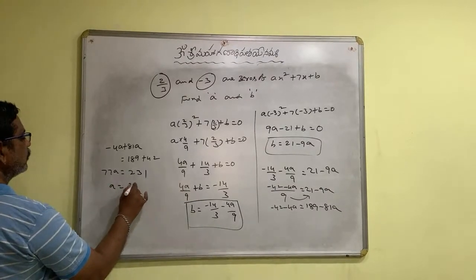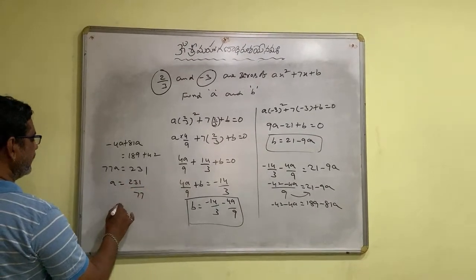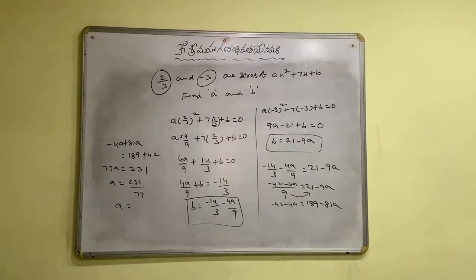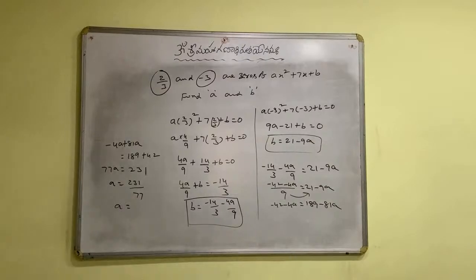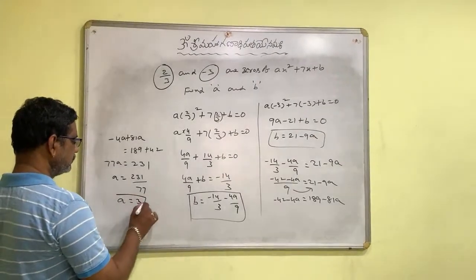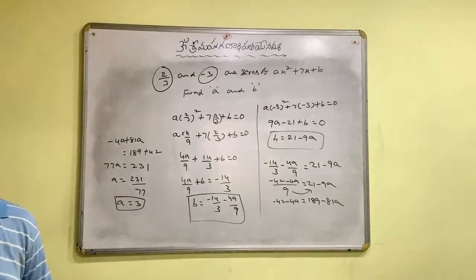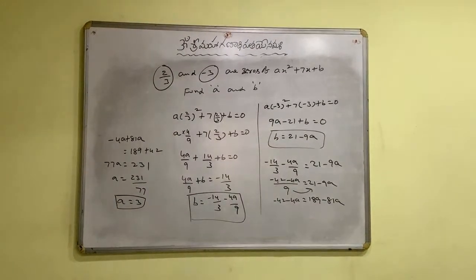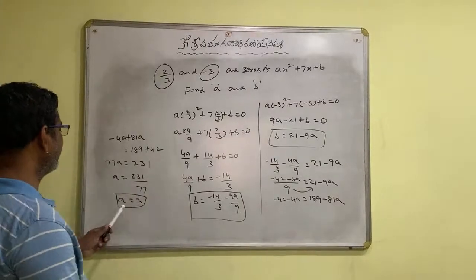Then a is equal to 231 by 77, which is 3. 77 3s are 231. Now we got a value 3.